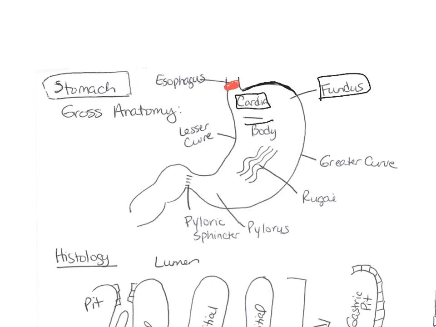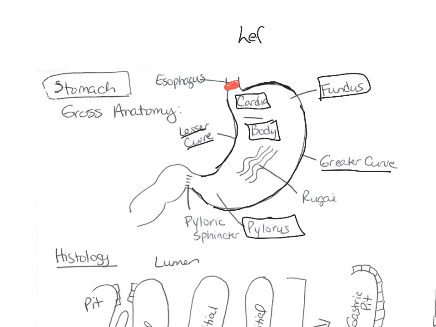The cardia leads into the body of the stomach, and then the stomach starts to taper down, and that is called the pylorus. There is a curve on one side of the stomach that's a little smaller curve. We call that the lesser curvature. That's on the superior part. And then there's a greater curve on the other side of the stomach that's a much larger curve. The stomach sits on the left side of the body.